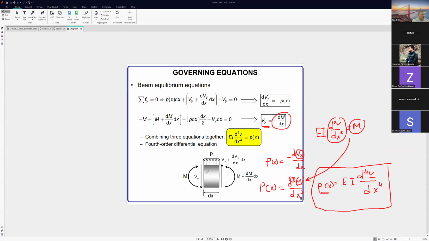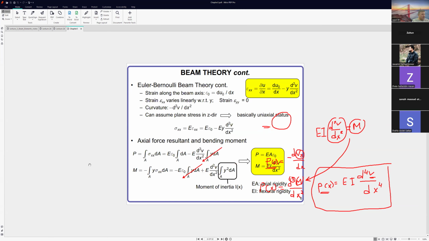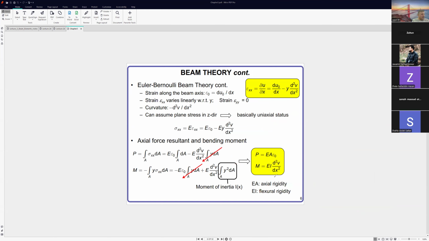Now you can ask what is the v here. P of x is equal to minus dV over dx. This is the derivative of the shear. Okay, and if you go back here, what does this v mean? This v is the displacement, okay?